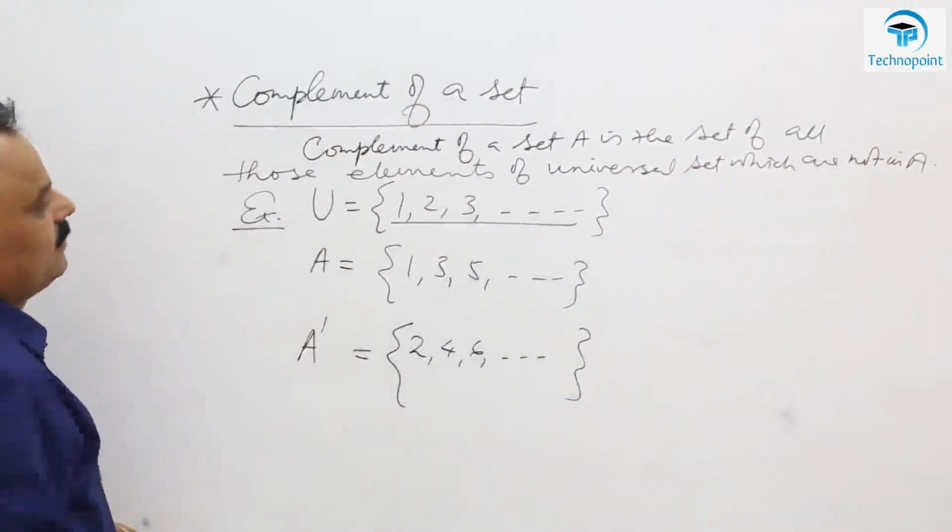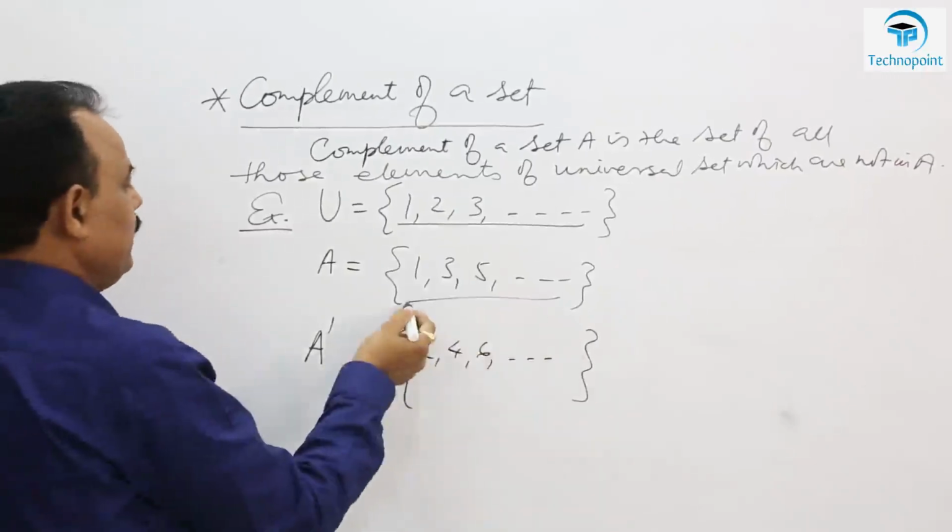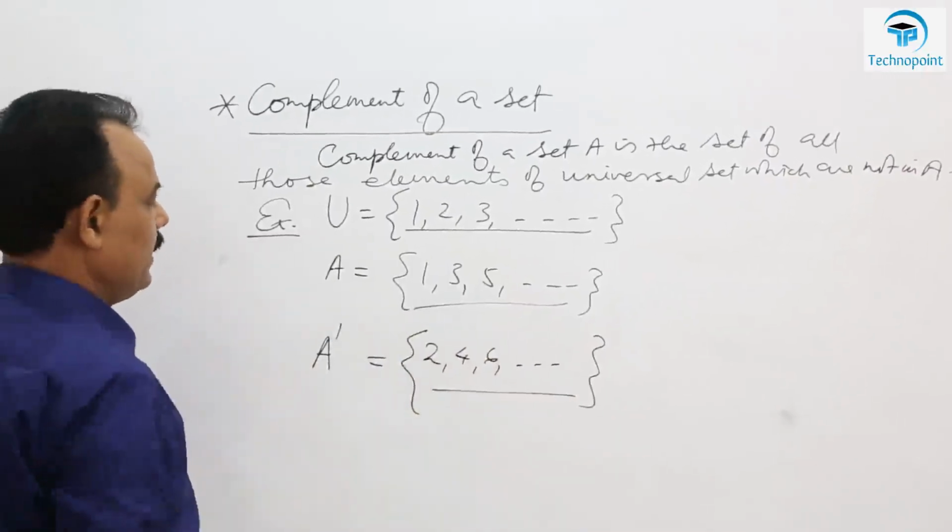So you can see here, if an element lies in A, then it does not lie in A dash.